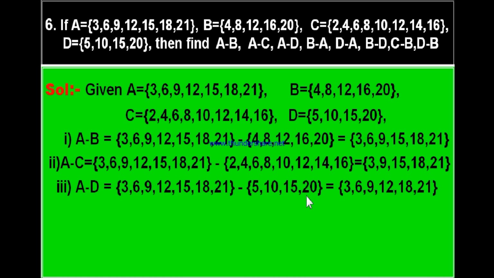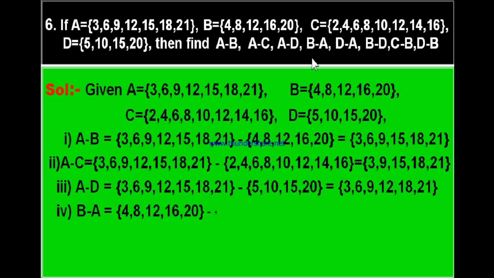This is set D. Now subtraction means you have to write the elements that are present in the first set only. 3, you could not find 3 in the second set, therefore write 3. 6 is not there, therefore write 6. 9, no 9 here, therefore write 9. 12, there is no 12 in the second set, therefore write 12. 15, you can find 15, therefore leave it. 18 and 21 you could not find here, therefore write 18 and 21. So A minus D is equal to set of 3, 6, 9, 12, 18 and 21.